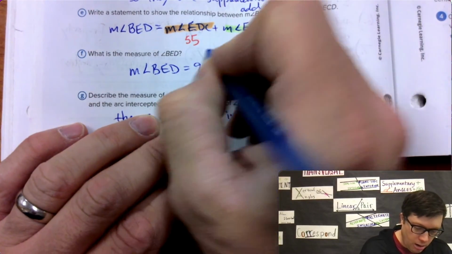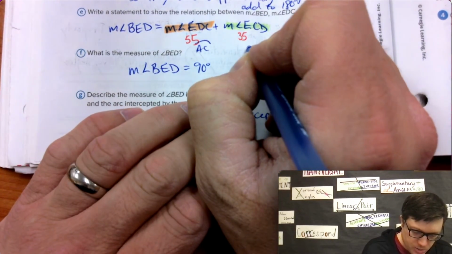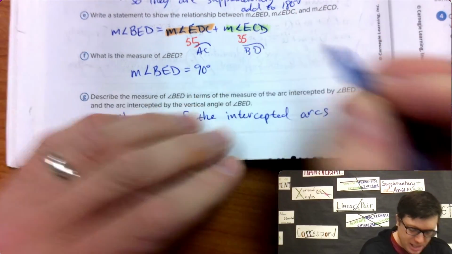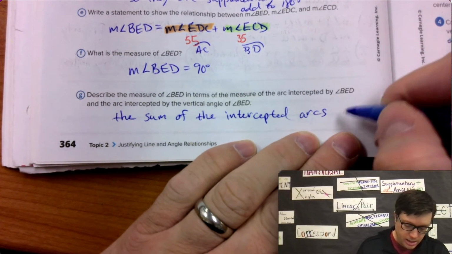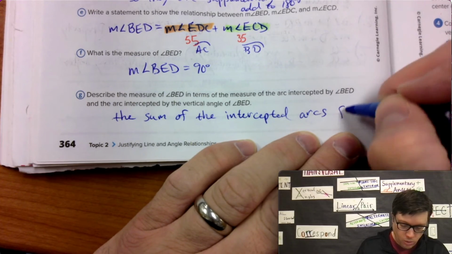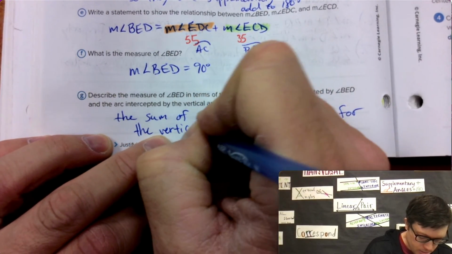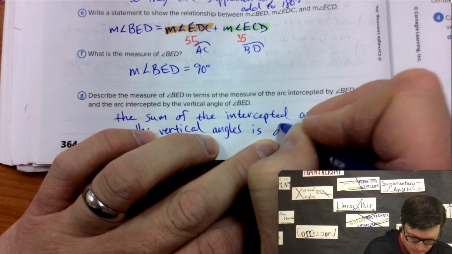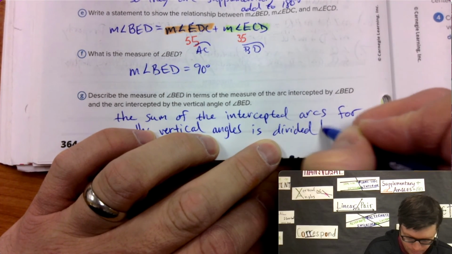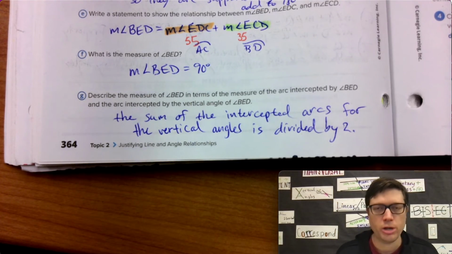This was the arc for AC, and this was the arc for BD. We're adding those numbers together. The sum of the intercepted arcs for the vertical angles is divided by 2. That's the relationship we're going to continue to explore in this lesson.